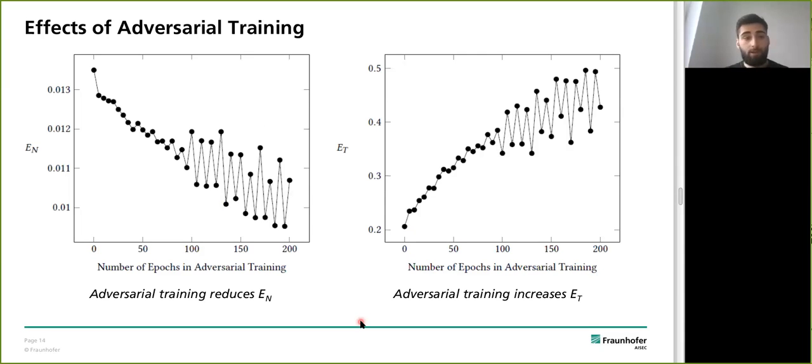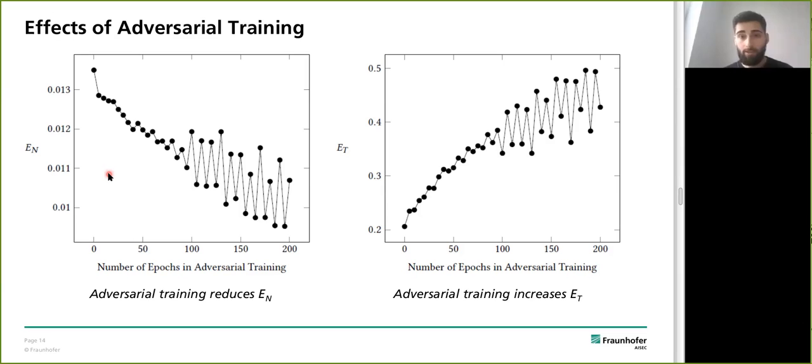But now let's have a look at our metrics, which we introduced earlier, EN and ET. On the left-hand side, we make one interesting observation: EN, which is the mean network activation or activation entropy, is reduced in the course of adversarial training. This is very related to the findings by Terzi et al., where the authors state that adversarial training reduces the information in the neural network.